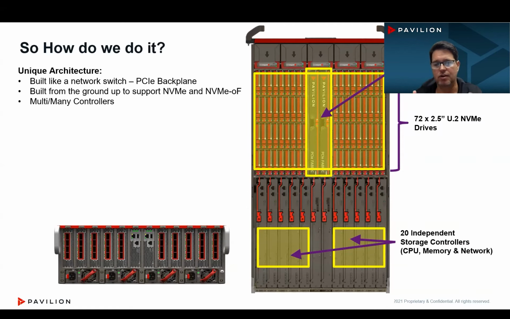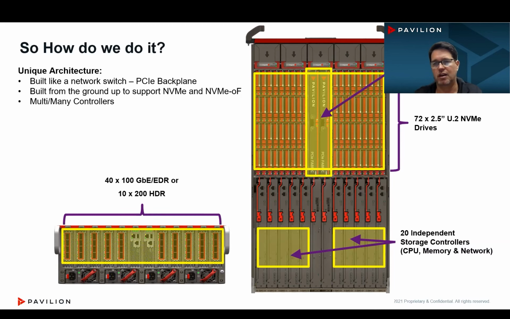You're getting that kind of horsepower, and you're able to support massive scale with up to 72 drives. On the back, you've got massive connectivity, 40 100 gigabit connectors or 10 200 gigabit connectors. So this really gives you a multi-controller, multi-system solution within a single array.